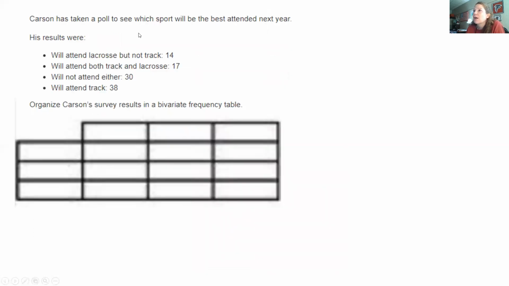Carson's going to take a poll to see which sports. I have something over my words. I can't read that, but I'm sure you can. All right, so we're going to see people who attend lacrosse. So we're going to say this is just easier. They watch lacrosse. Or what's the opposite? They don't watch lacrosse. And then the last one's always our total.